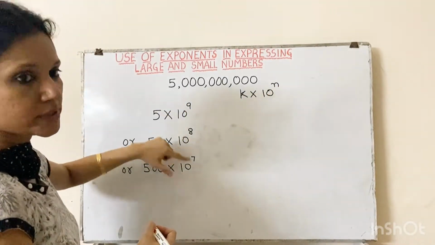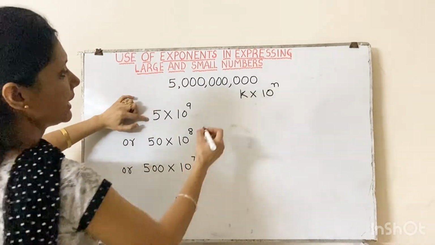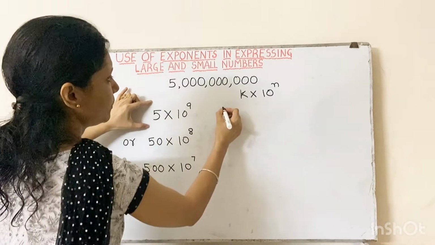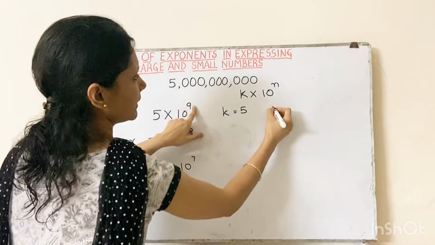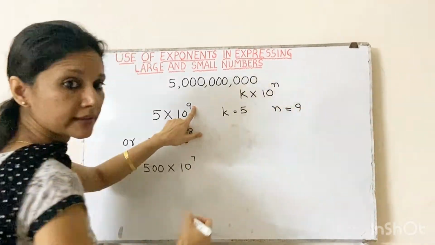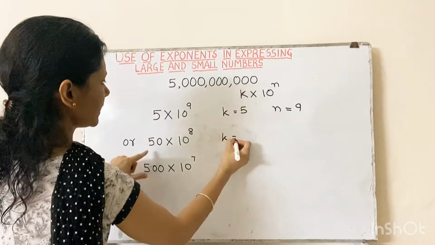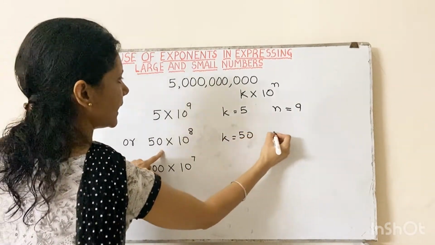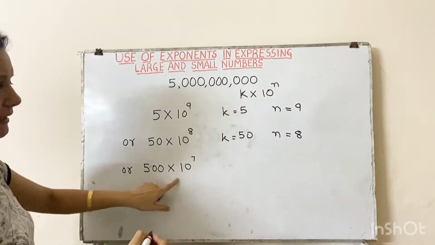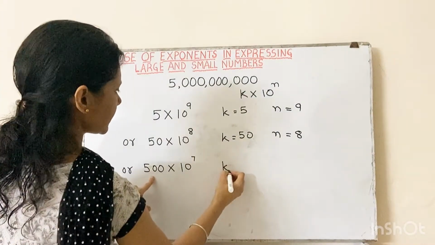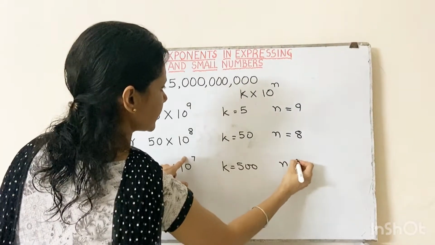So if I write this number like this, my k is 5 and n is 9. In this case, if I write this large number like this, my k would be 50 and n is equal to 8. And if I write it like this, then my k is 500 and n is 7.